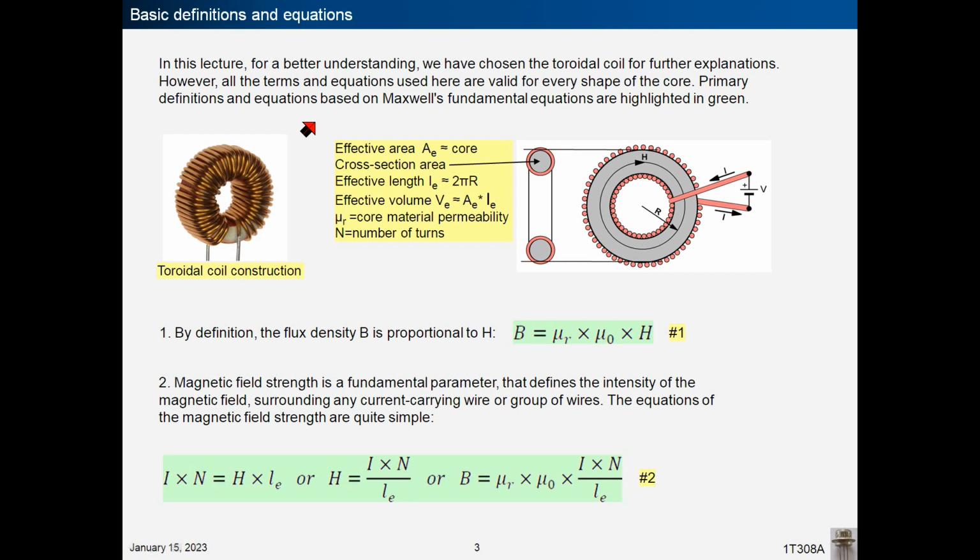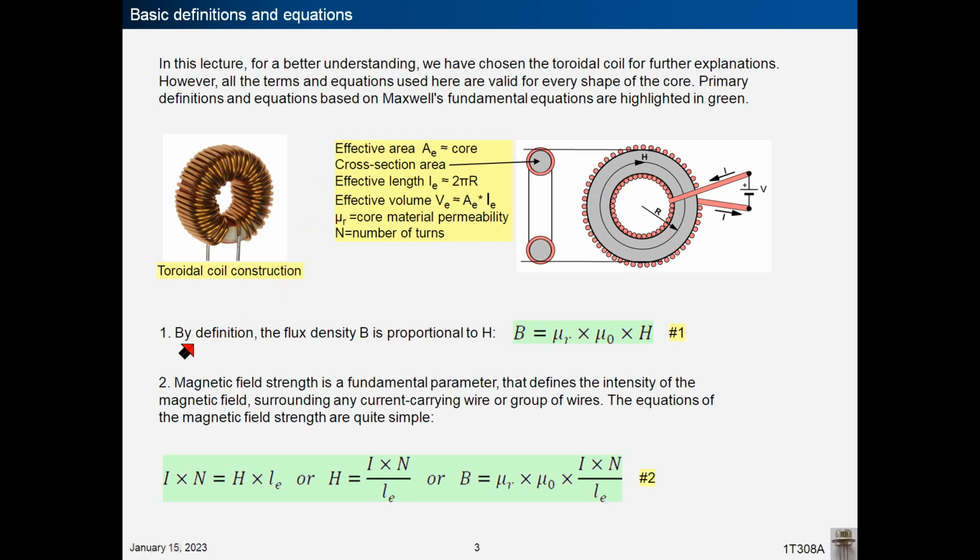The important parameters we will discuss today are effective area, which is approximately the cross-section area of the core, effective length, which is approximately related to the average radius, the effective volume, which is the effective area times the effective length, mu r, the core material permeability, and N, the number of turns.